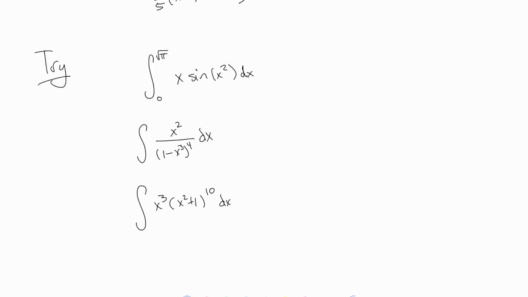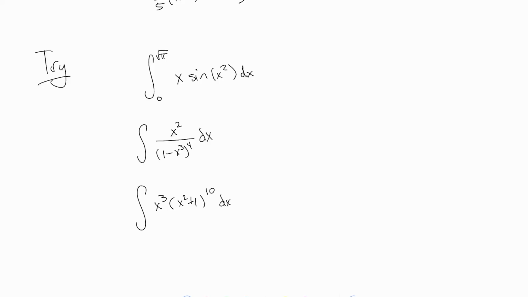Oh, which one? This? So you do the regular du stuff, and then you get here. You can cancel one of these x's out, because that x dx divided by 2 is du.